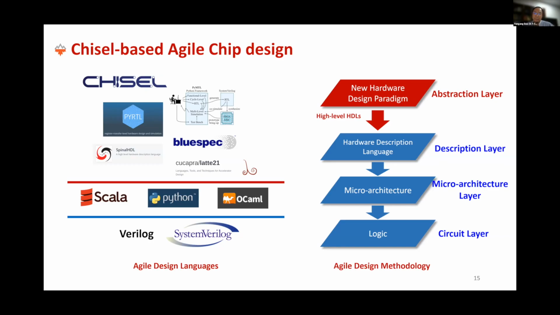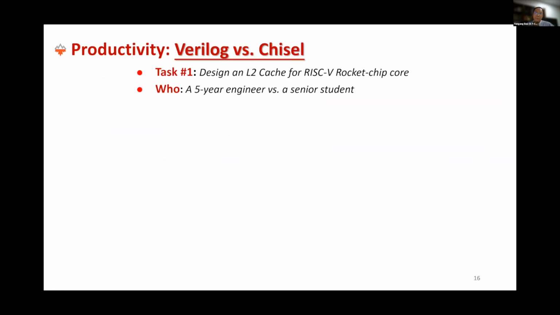This is different from the traditional chip design flow. But why did we choose Chisel? Because we have confidence in Chisel, since we did some experiments to compare Chisel and Verilog.